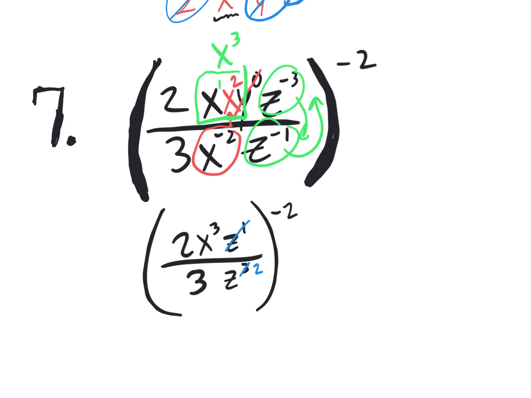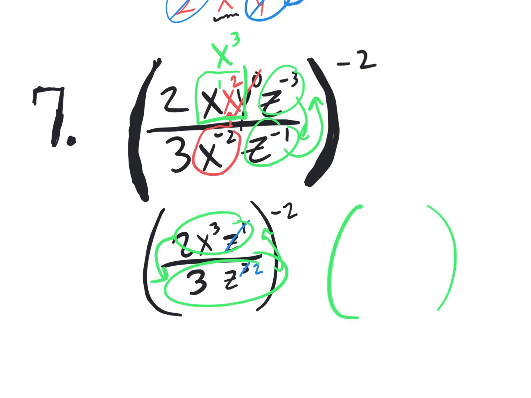So it's a lot easier that when you have a fraction with an exponent that's negative, to just make it positive and flip it right from the start. So you could take the numerator, move it to the bottom, take the denominator, move it up to the top. That's what I'm going to do. I want to put the 3z squared up on top over the 2x to the third on the bottom, and it's now a positive 2, not a negative 2.